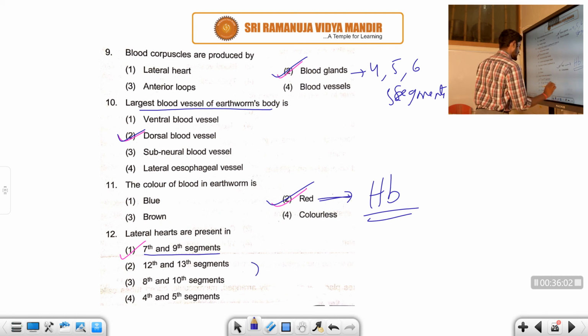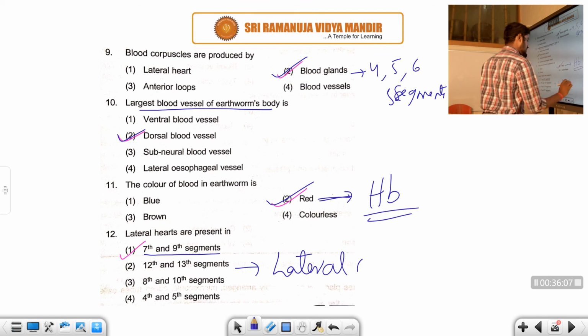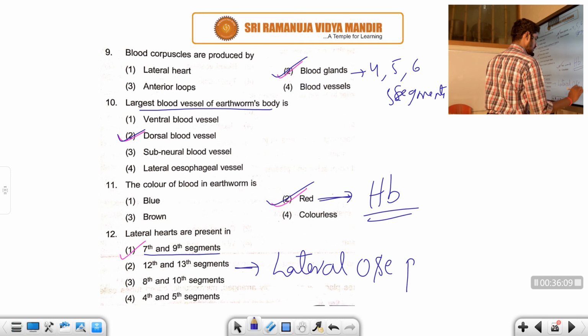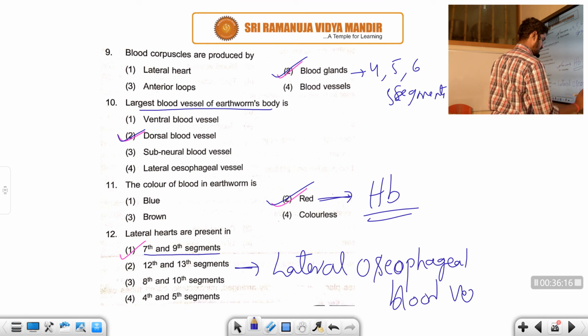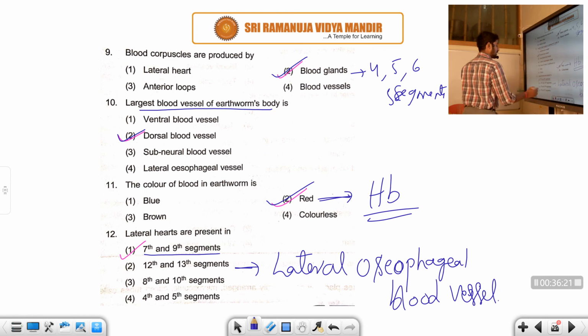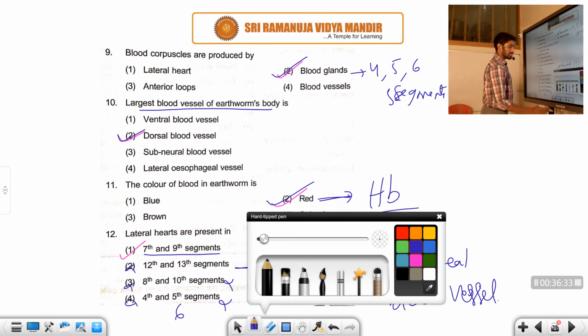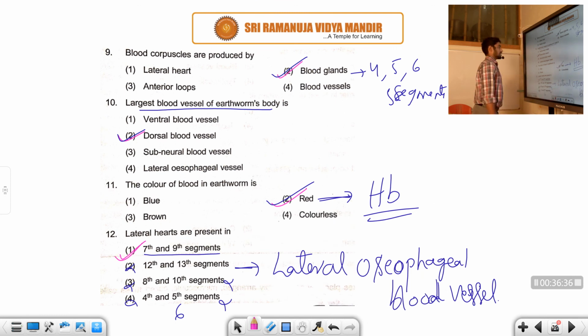The 8th and 10th segments don't have this type of property. Blood glands are present in the 4th, 5th and 6th segments. So this is incorrect. The correct option for this one is the first option.